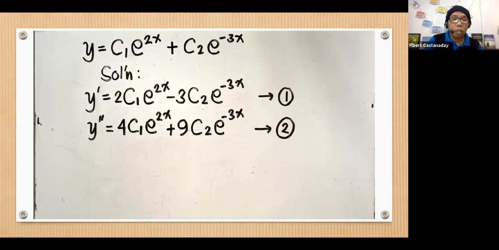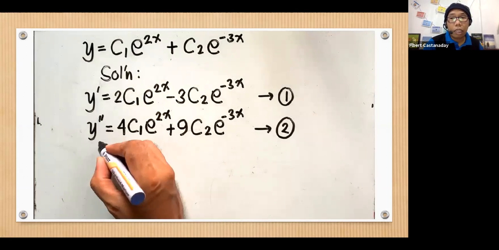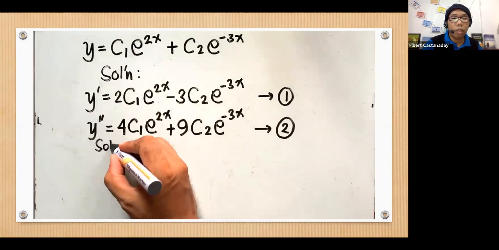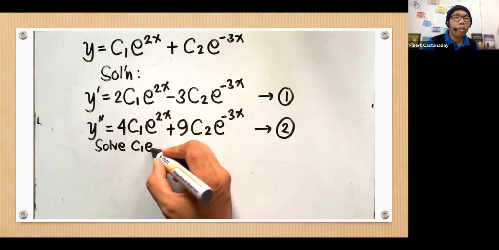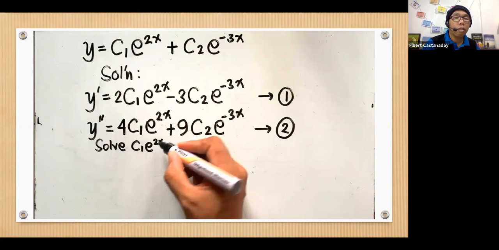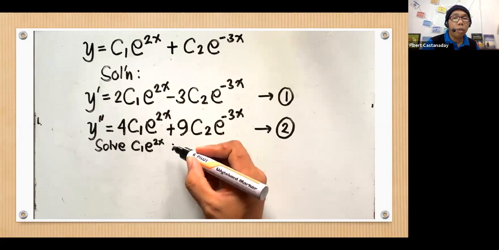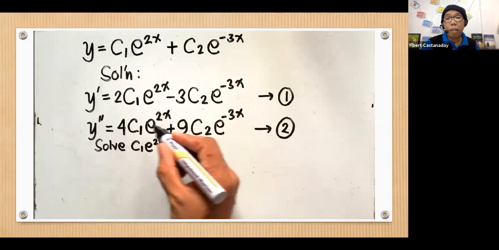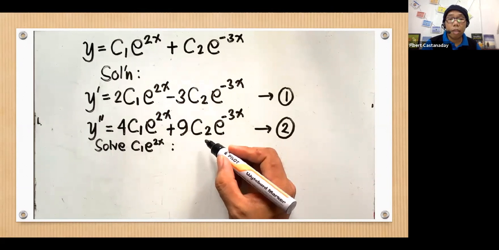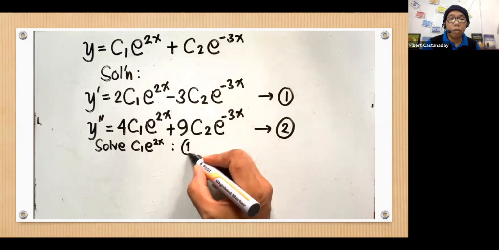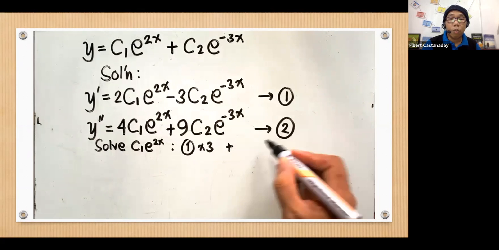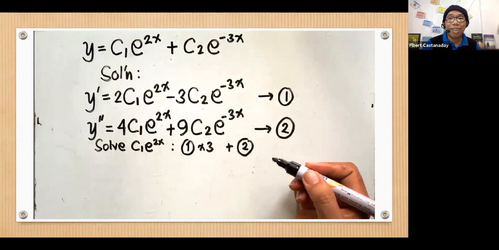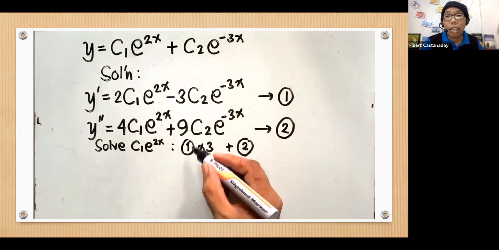Now let's do this. So we solve first for c sub 1 and eliminating c sub 2. Okay, step by step lang. C sub 1 e raised to 2x. So to do that, we will multiply the entire equation 1 by 3. So equation 1 times 3. And after doing that, we add equation 2. Okay. Now let's do this.